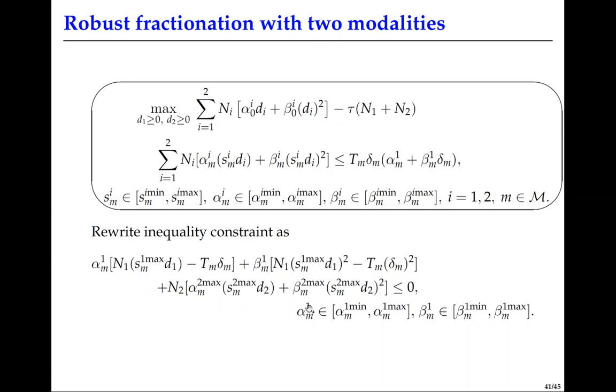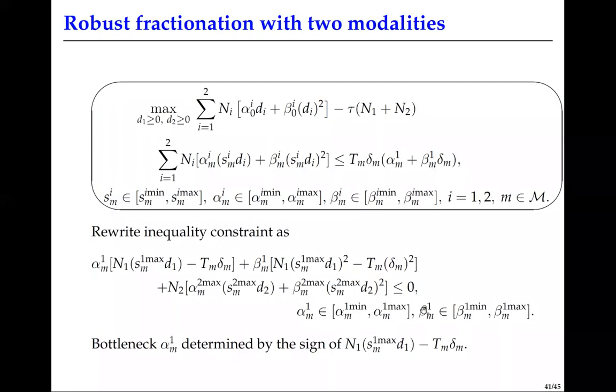But the main point is that for the conventional modality, the alpha and beta values appear on both sides of the equation. So their bottleneck values are a little bit harder to compute. And that's why we still have that here, that this constraint has to be satisfied for any value of alpha in that interval and any value of beta from that interval.